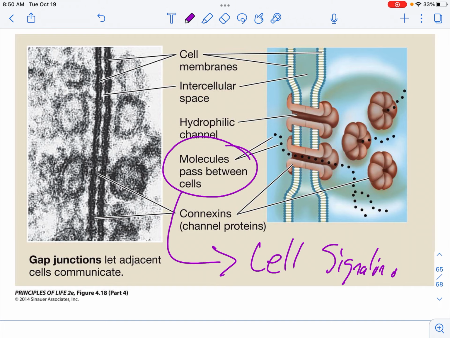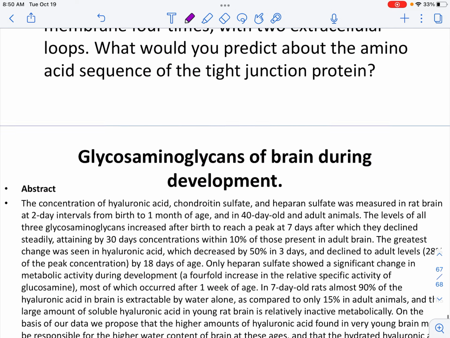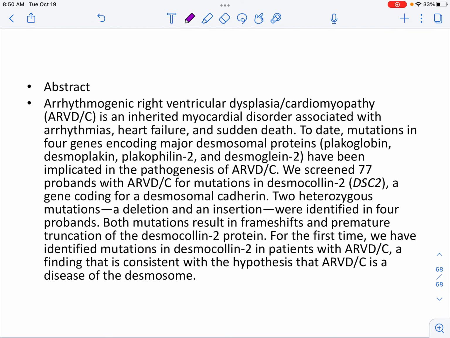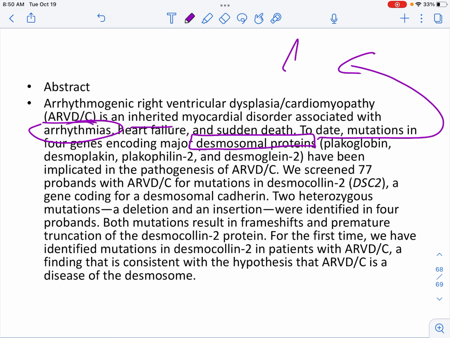Cell signaling. Again, an example of why that is important, let me just show you one right here. I've had some heart issues in my life, but arrhythmogenic right ventricular dysplasia, ARVD, is a very dangerous inherited myocardial disorder associated with arrhythmias. And so literally this arrhythmia is because a protein, a desmosomal protein, isn't made correctly. It's mutated.